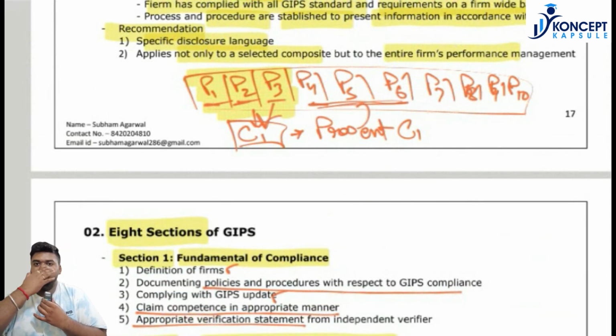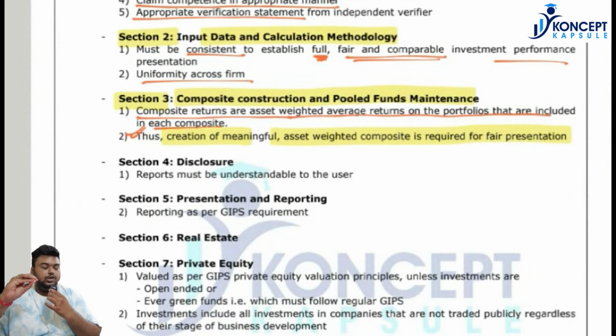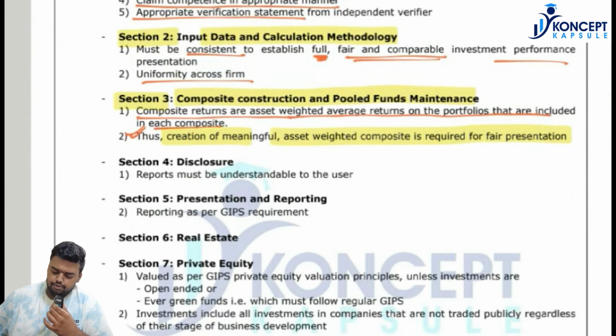Because if a composite has various portfolios comprising different strategies, objectives and policies, then there is no point in building a composite, right? So as an investment firm, you need to be very logical, and you need to be very accurate in terms of how you create your composite.